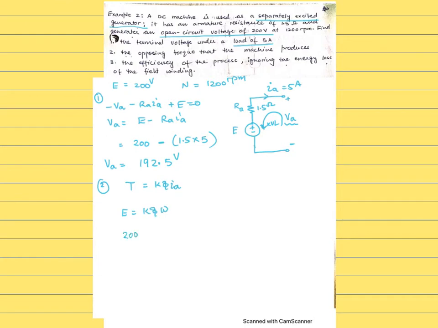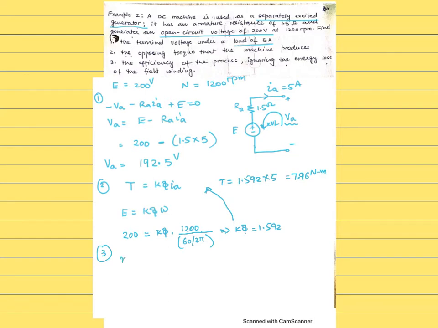So E is 200 equals K phi times speed. The speed for that 200 is 1200 in RPM, so we're going to multiply it by 2 pi over 60 to convert it to radians per second. That's going to give us the value of K phi, 1.592. And we're going to bring it back in here, saying T equals K phi multiplied by 5, which is 7.96 newton meters.